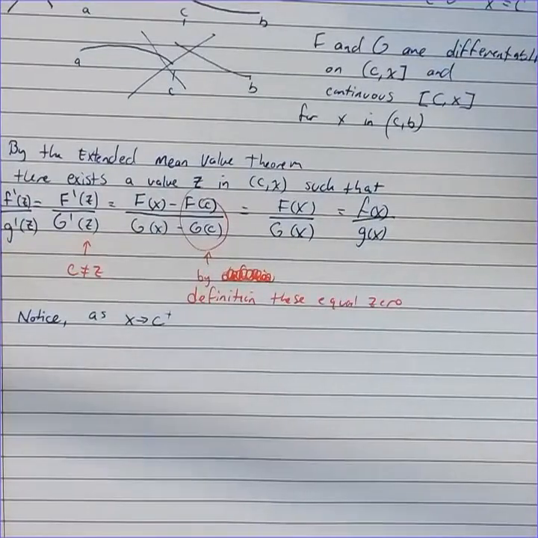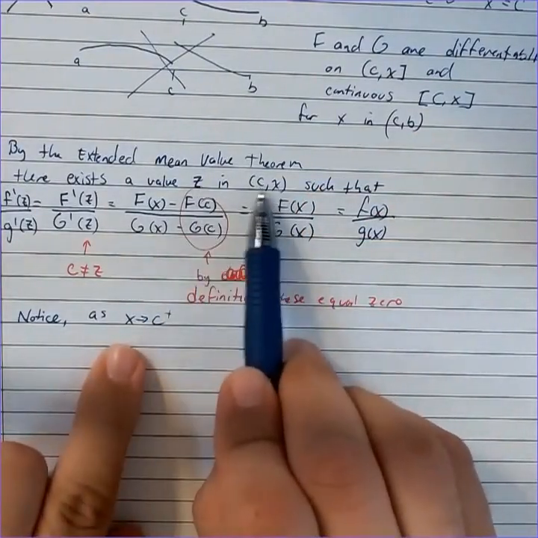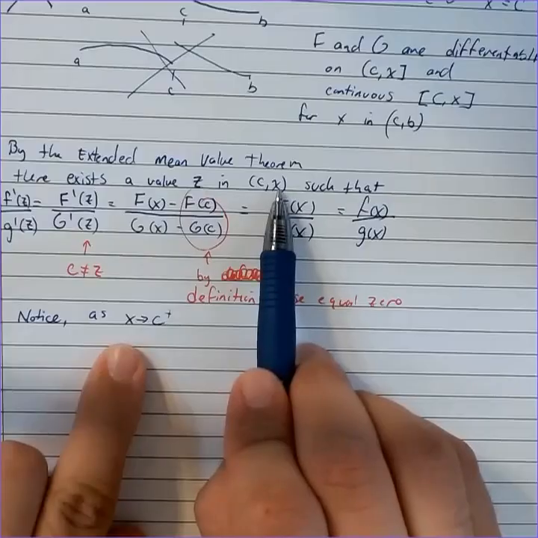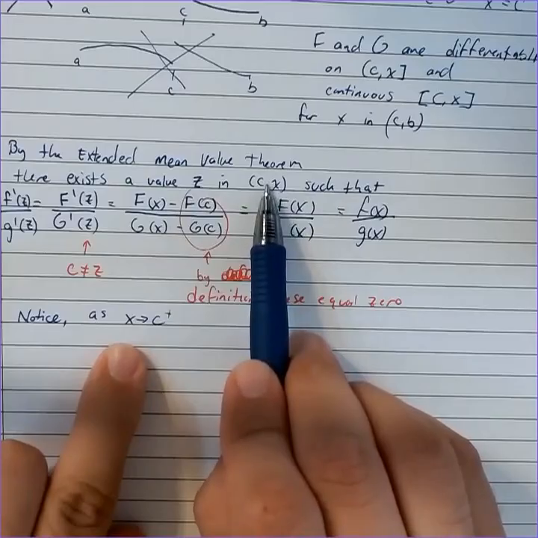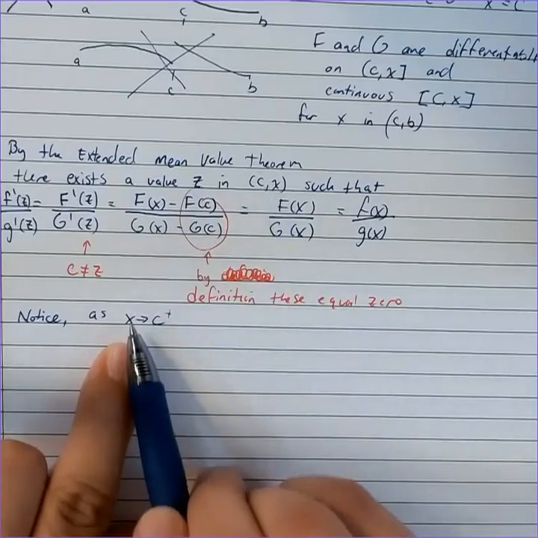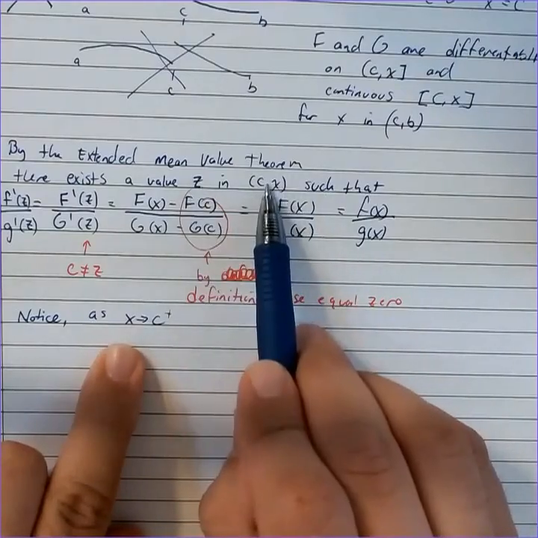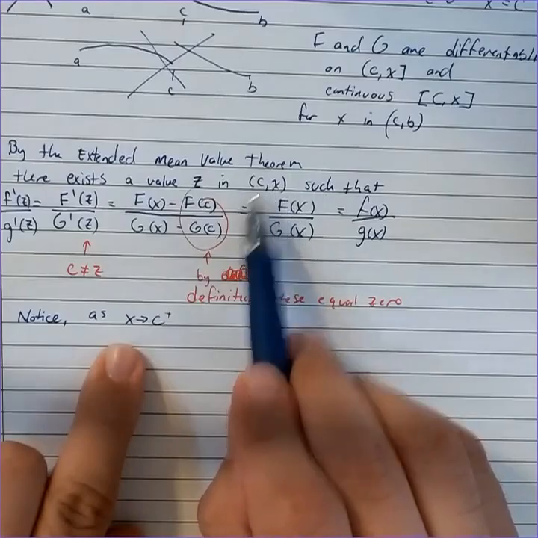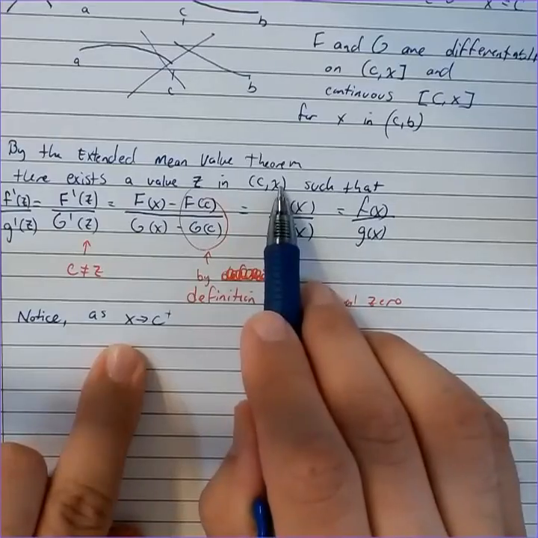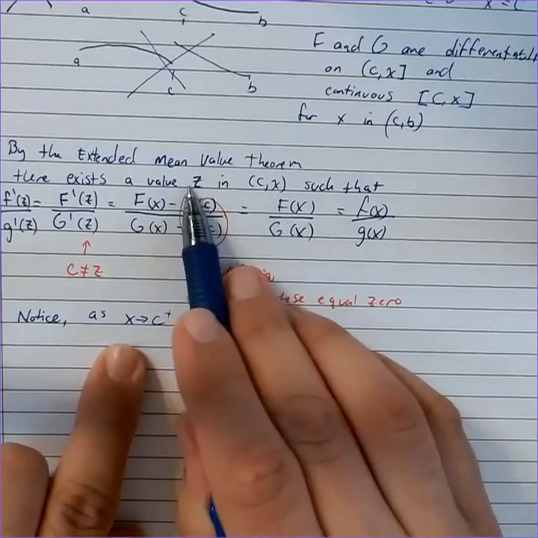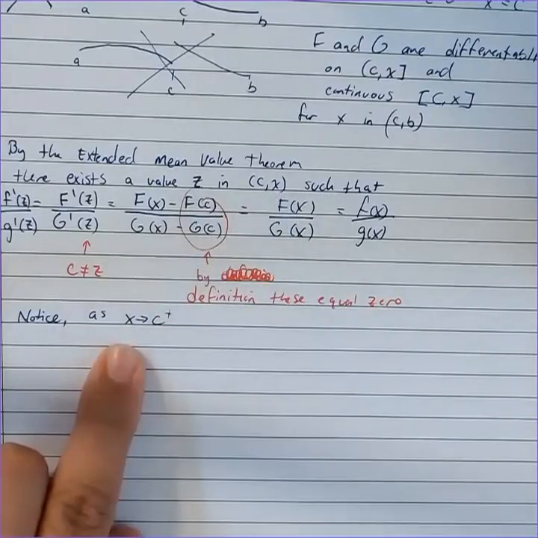Notice that as x approaches c from the right, well, z is stuck somewhere between c and x, which means z is over here to the left of x. So if x is approaching c, z is still stuck in between. That means z will also be forced to get closer to c. If x is approaching c, then z is being squeezed in between them. So z has no choice but to also approach c.